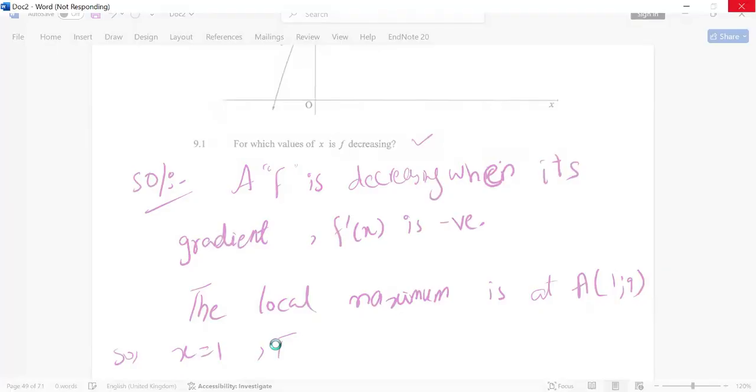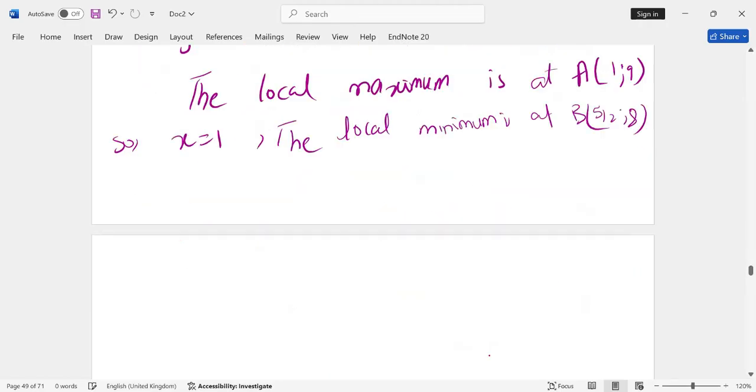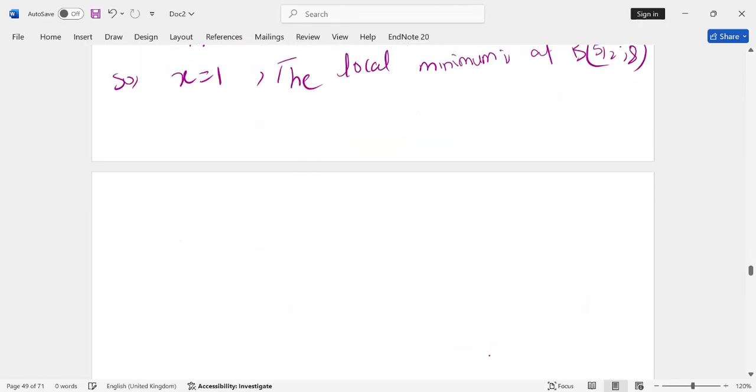The local minimum is at B, which is (5/2, 8), so x equals 5/2. So the function is decreasing in the interval between these two x values.